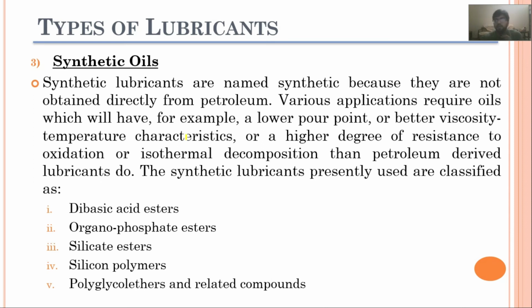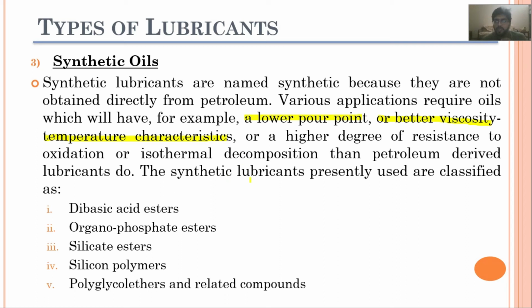For example, we would require a low pour point temperature, a better viscosity index number, and a higher degree of resistance to oxidation. Similarly, we do not want our lubricating oil to decompose at higher temperatures.